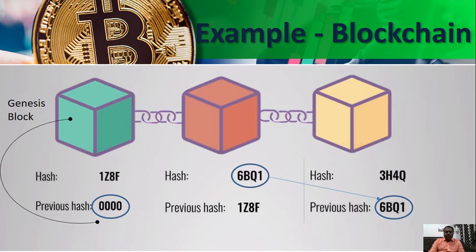The first block in a blockchain is always called the genesis block because it's the starting point, and its previous hash value is 0.